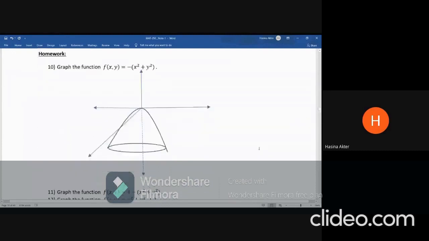The Z axis has a single point common with the XY plane, and the portion below the XY plane is the negative Z axis. So this portion is the positive Z axis, this portion is the negative Z axis, and this is the origin, which is the intersection of the Z axis with the XY plane.